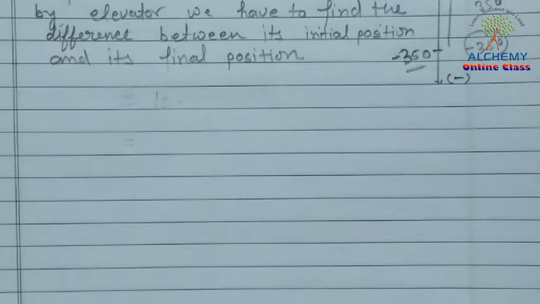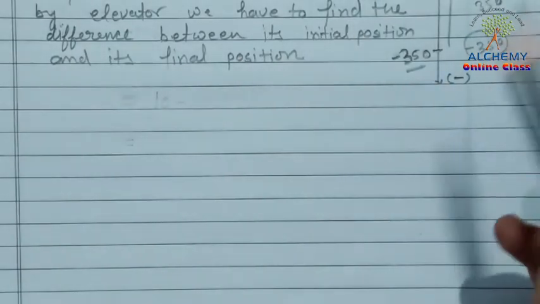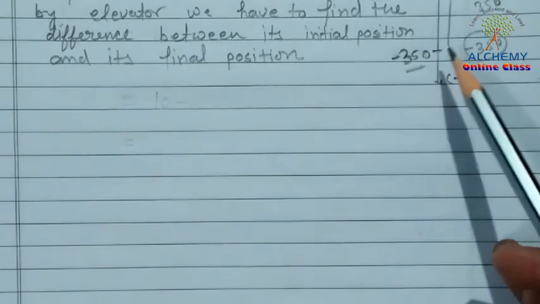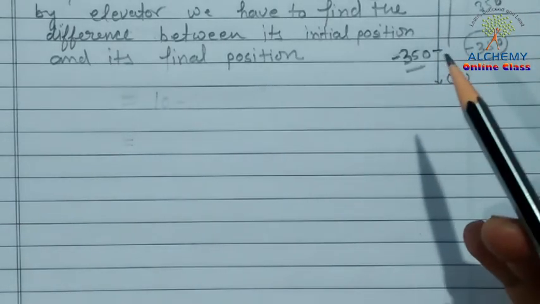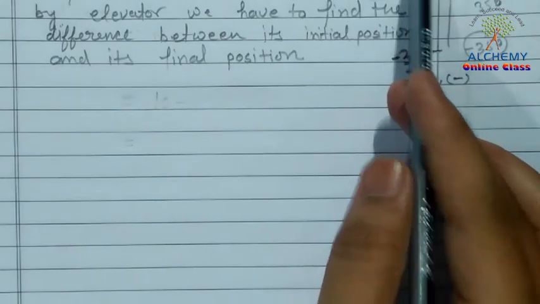So to find the difference between the initial position and final position of the elevator, we have to subtract its final position from its initial position.